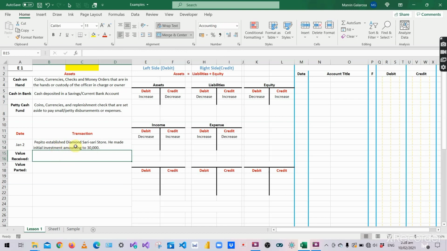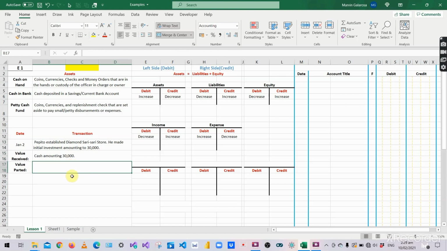So, sa point of view ni Diamond Sari-Sari Store, ano yung kanyang na-receive? So, value received would be the cash amounting to 30,000 pesos. Ano naman yung kanyang value parted?